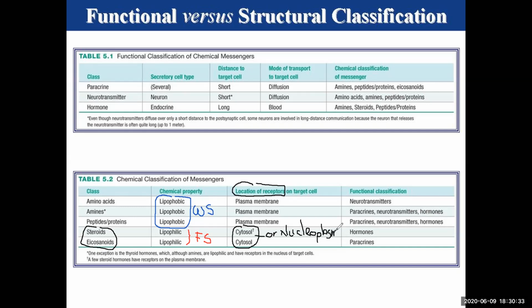So we have the cytoplasm inside the cell, the nucleoplasm inside the nucleus. So all fat-soluble chemical messengers go straight through the cell membrane, the plasma membrane, and straight through the nuclear envelope to get to the nucleoplasm.